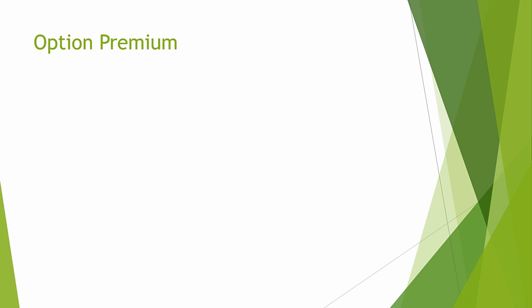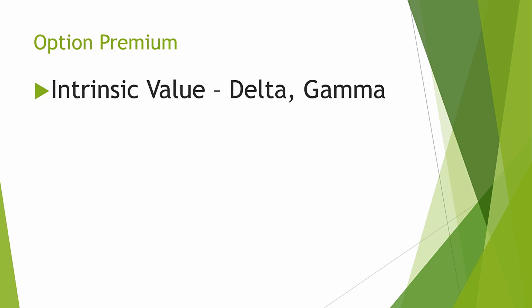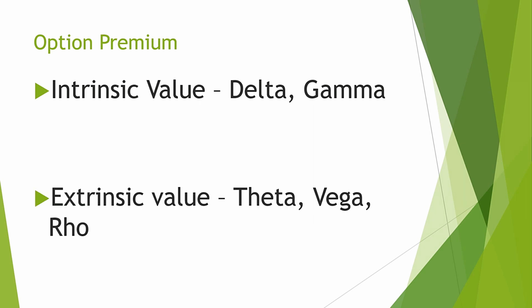So here they are. Intrinsic value is affected purely by delta and gamma. Other Greeks do not have any effect on intrinsic value. Whereas extrinsic value gets affected by theta, vega and rho.